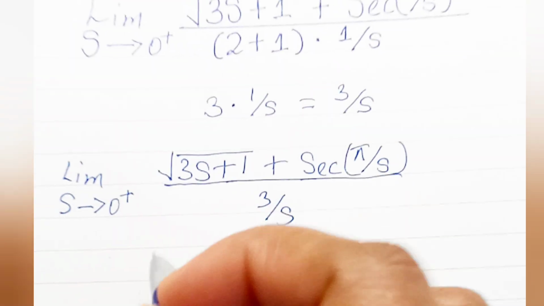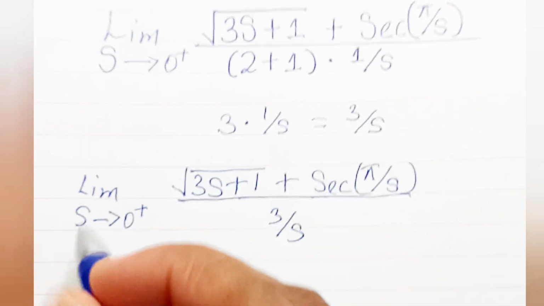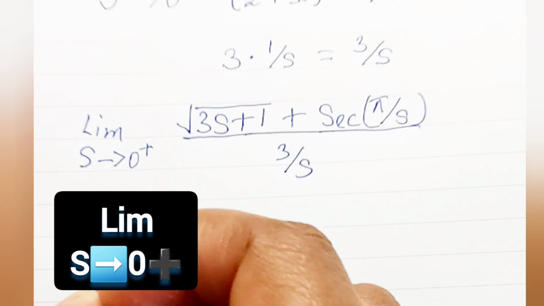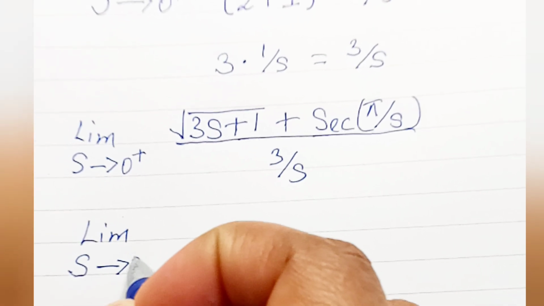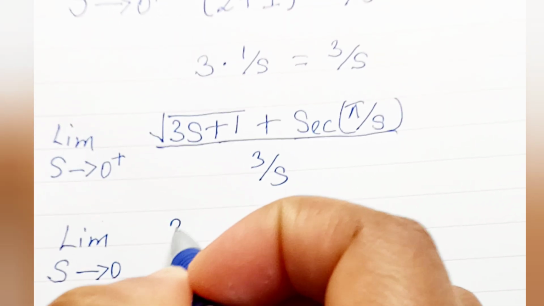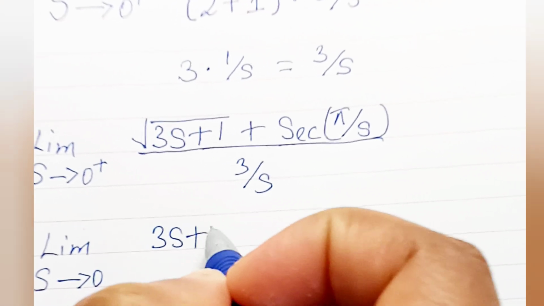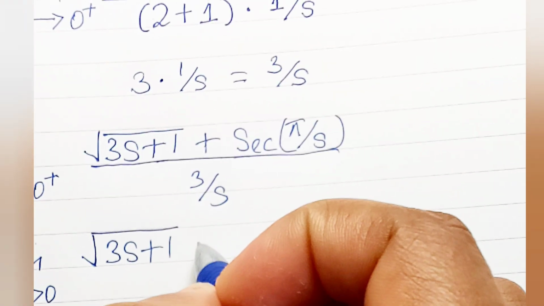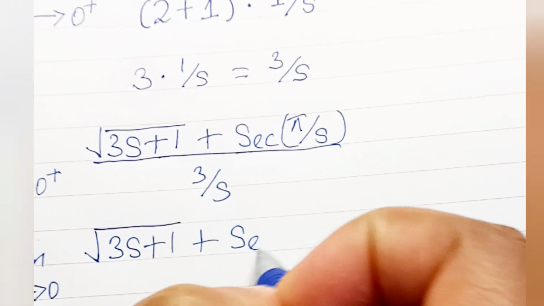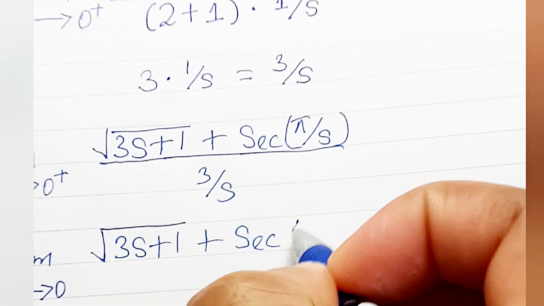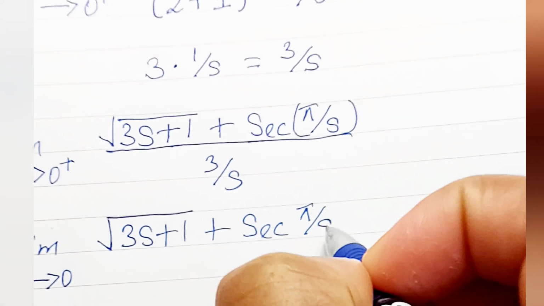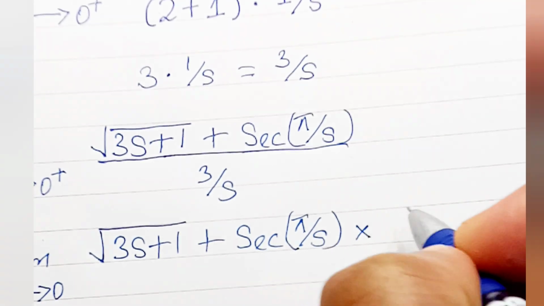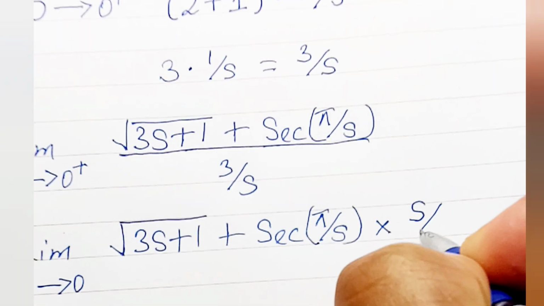So we have limit as s tends to 0 from the positive side, square root of 3s plus 1 plus secant of pi over s, multiplied by what? s over 3.